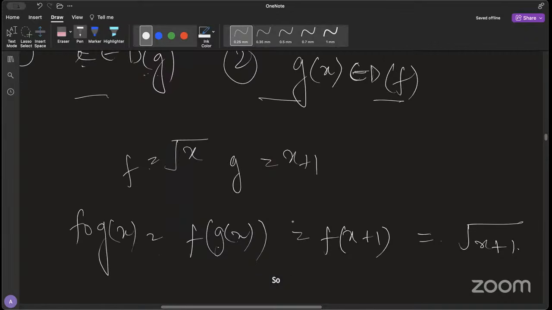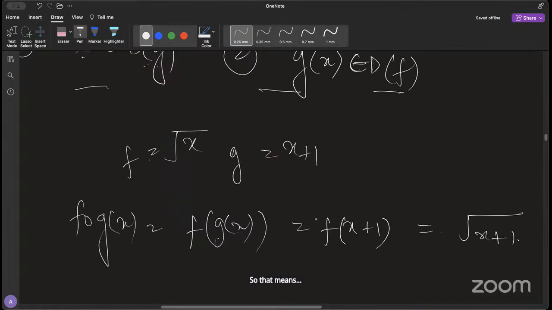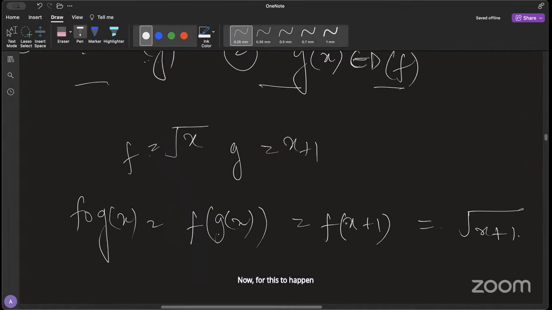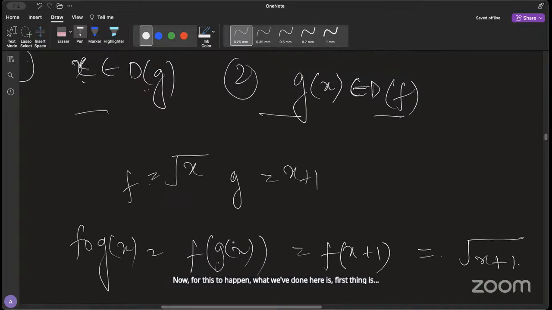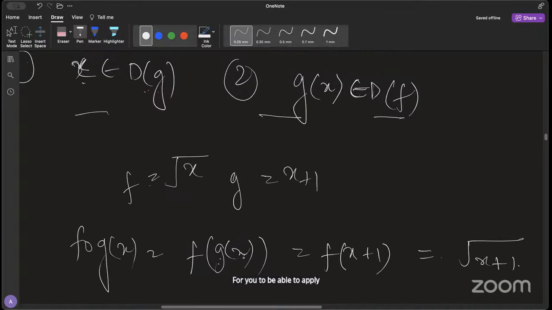Now for this to happen, what we've done here is, first, for you to be able to apply g to x, your x should be in the domain of g, right? And then x plus 1. Now let's take x equal to 1. Is x equal to 1 in the domain of g? It belongs to the domain of g.